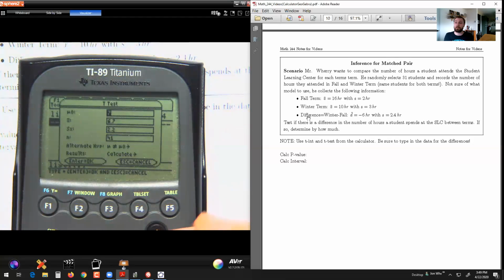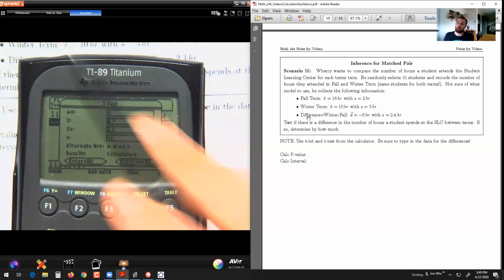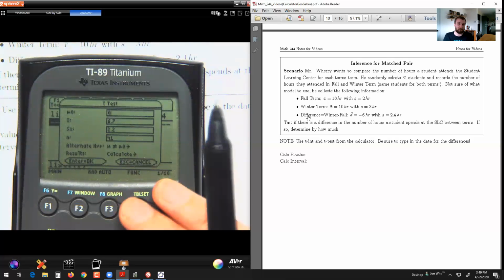For the null hypothesis, I'm comparing two groups, even though it's just one difference column that'll allow me to do that. So my null hypothesis is going to be 0. 0 represents there being no difference between the fall and winter attendance for this Student Learning Center.